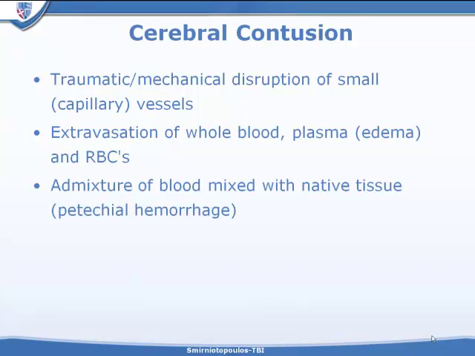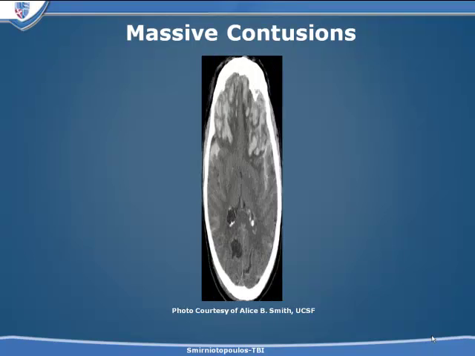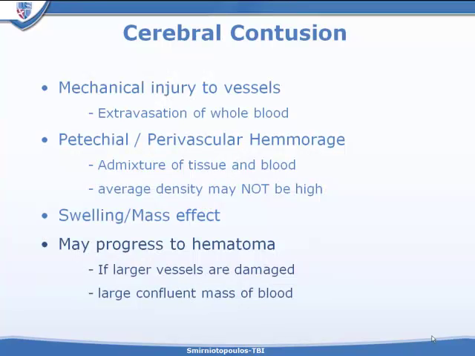There is an admixture of blood and the native tissue at the microscopic hemorrhage, which may produce visible petechial hemorrhages, and that may create an appearance of a mottled or speckled or salt and pepper high attenuation, low attenuation mixture on computed tomography. Here is an example of grossly obvious massive cerebral contusions involving both frontal lobes, and the frontal lobes and the temporal tips are most commonly affected by cerebral contusion.